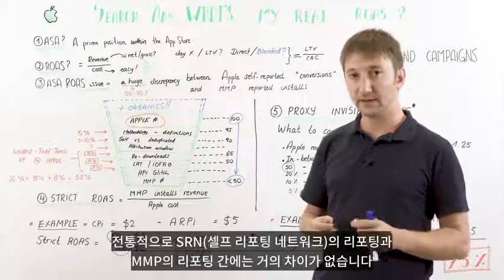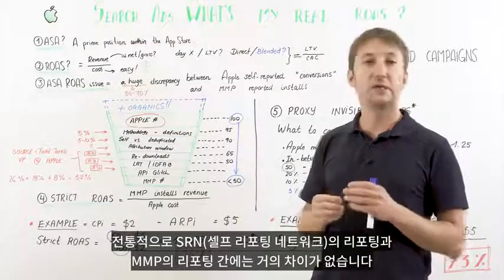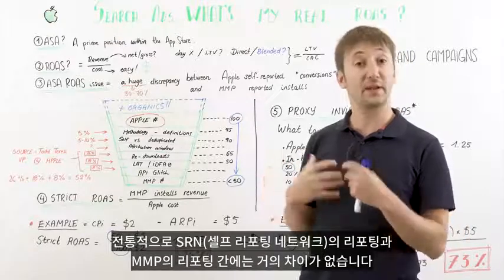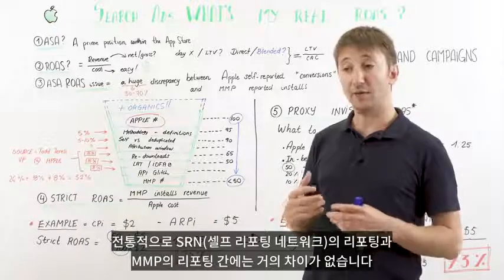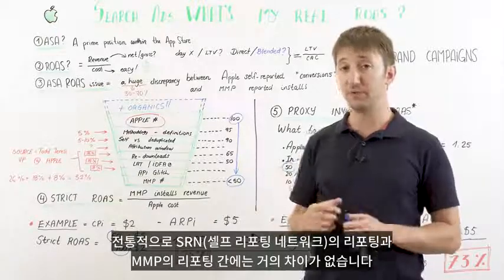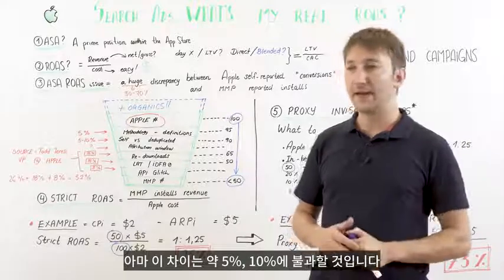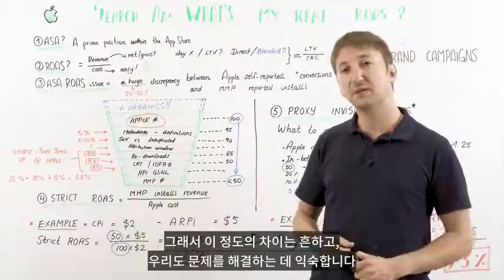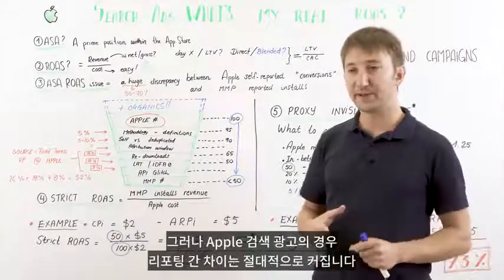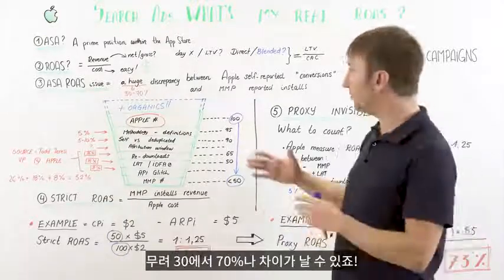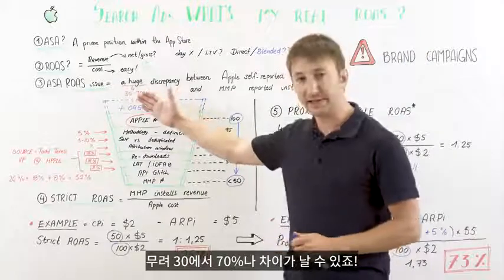The reason for that is it's pretty traditional to see a little difference between what the network is going to self-report as it sees and what your MMP is going to report to you. Probably this difference is about 5–10% maybe, and it's common and we're all used to dealing with that problem. But here on this particular channel, the difference is absolutely huge. We're talking about 30–70% difference.